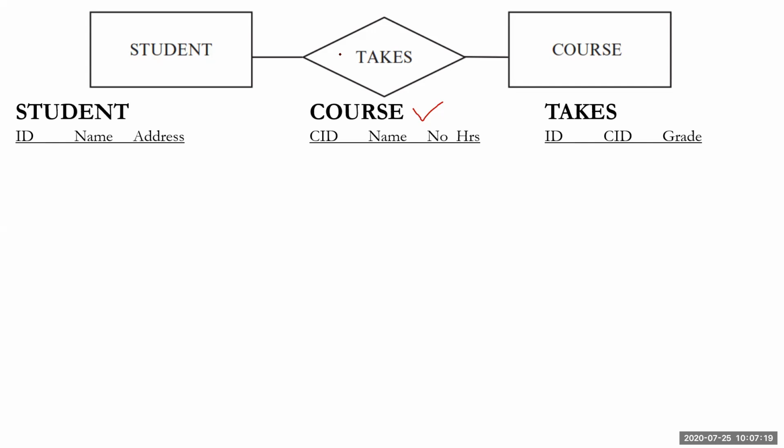It is an associate entity. After taking one examination, what is our grade, and how will a grade be specified? That grade will be taken by this particular takes relation here.